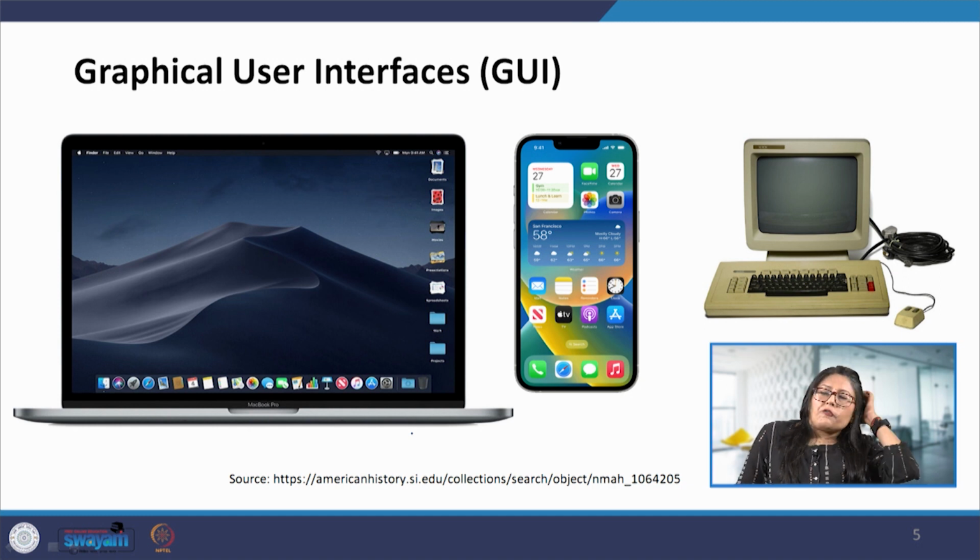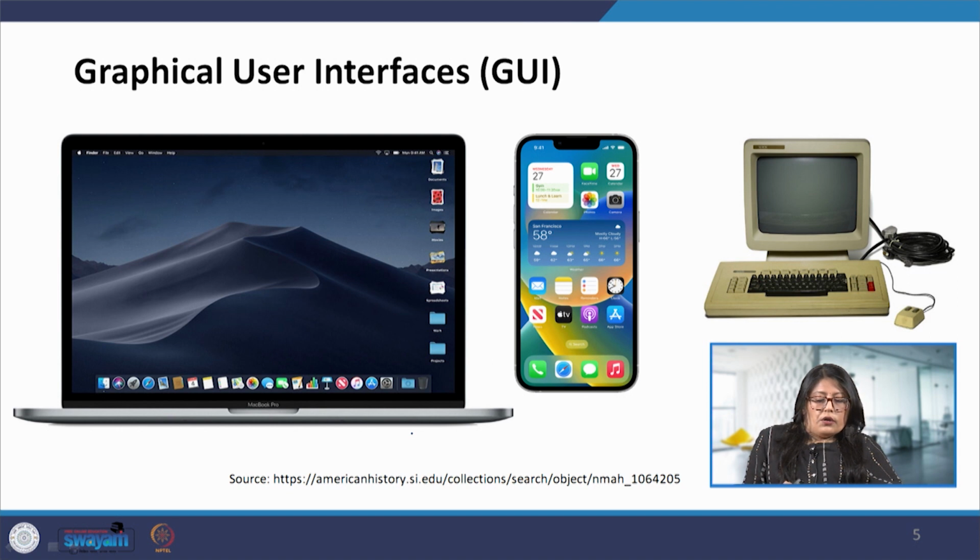Now, the first graphical user interface actually was, we can say, formed through the first interface of the Xerox Star, which we can see on the screen, the computer system on the right.